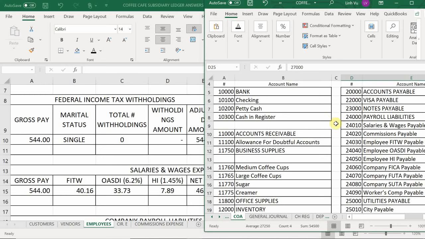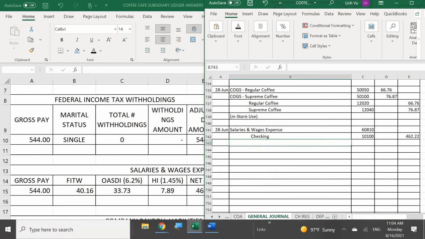24030 is FITW. 24040 is OASDI, and then 50 is HI. So in this case, we have employee FITW payable.